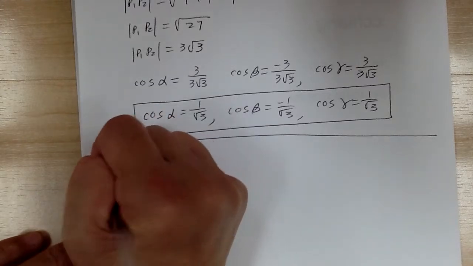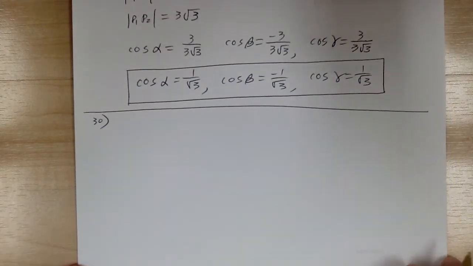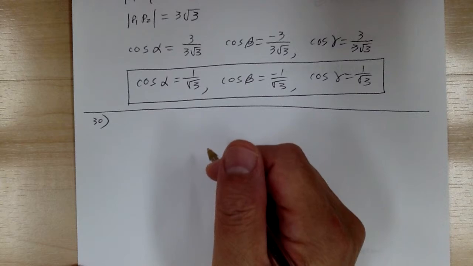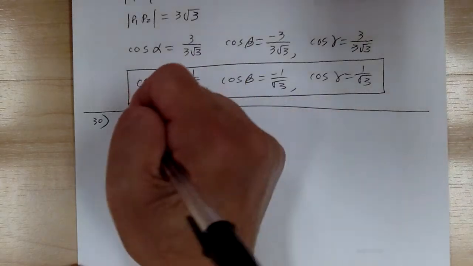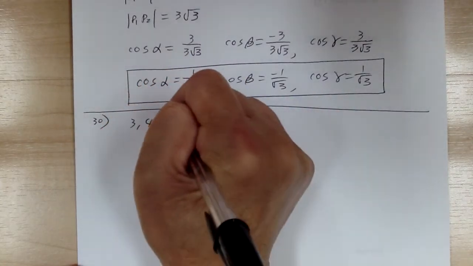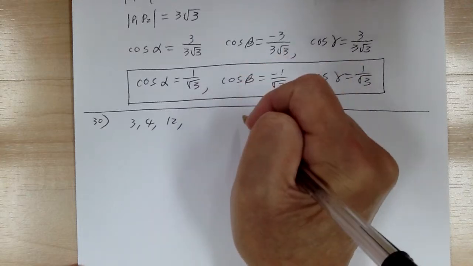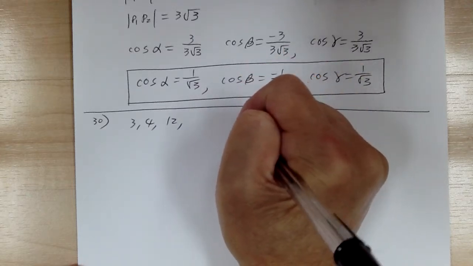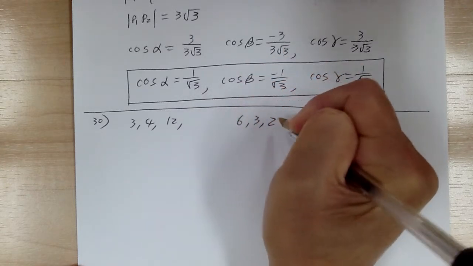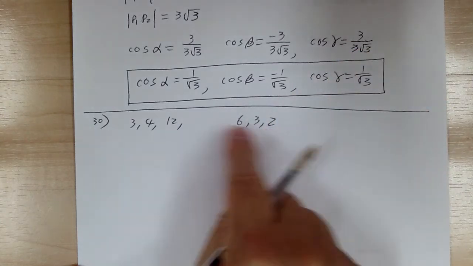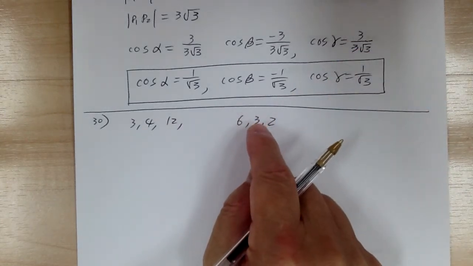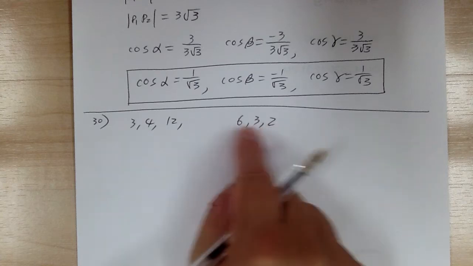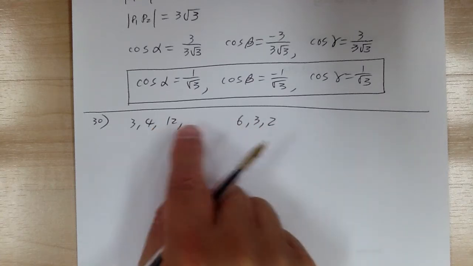Okay, number 30. You have the direction numbers 3, 4, 12, and the other one has direction numbers 6, 3, 2. These are two lines, and you want to find the cosine of the acute angle theta between the two lines. First you need to get their vectors.